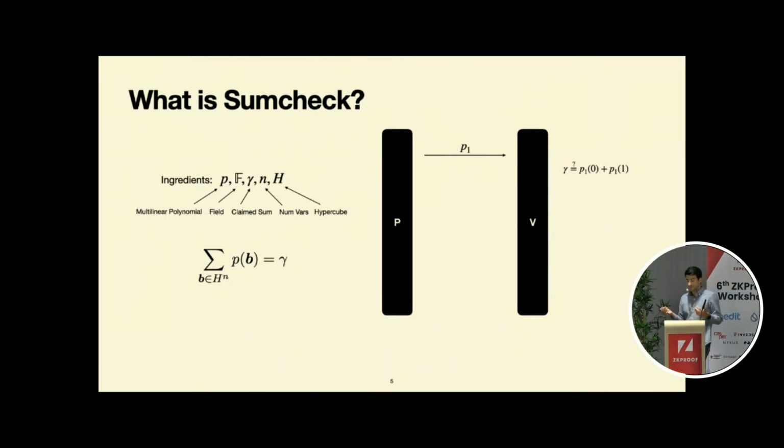OK, great. It turns out if we want to adapt this to the multivariate case, we don't need to perform too many different tricks to make this happen. So let's consider the first round of a multivariate case. And it turns out the first round is almost identical. The prover will send a univariate polynomial to the verifier. The verifier will perform the evaluations. It will check if the sum equals gamma.